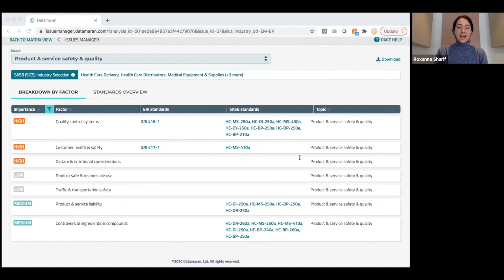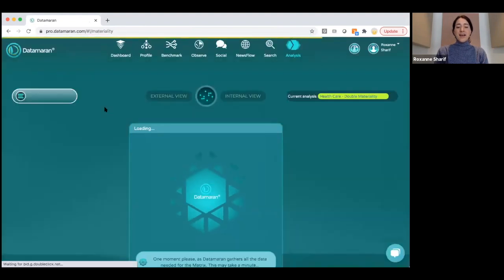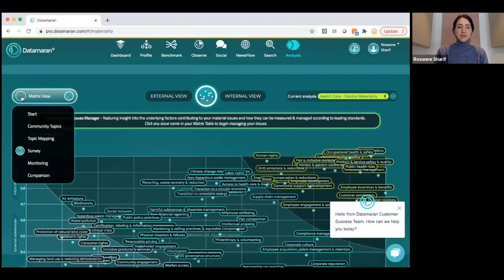So you might be asking yourself, how will we check this? What we can do is navigate back to our matrix view. We have a feature in Datamaran that helps you monitor your material topics.